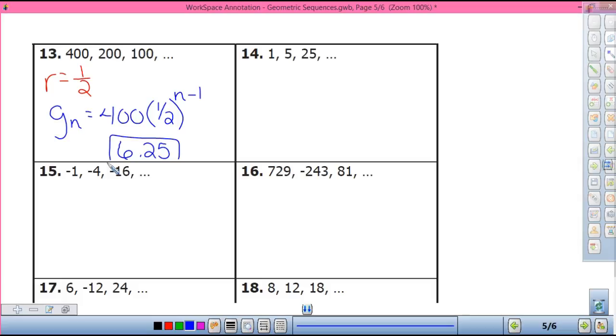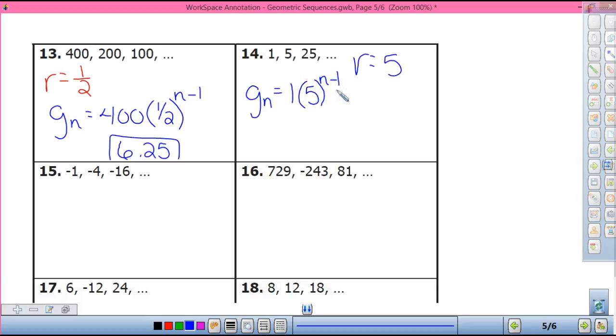So my ratio is 5. My formula, Najma, is what? G sub n equals 1, yep, and then in parentheses, n minus 1, there you go.